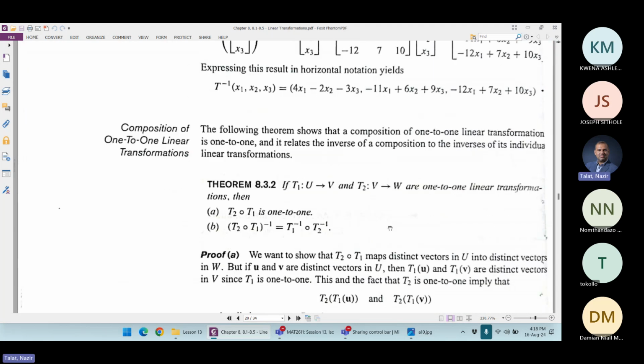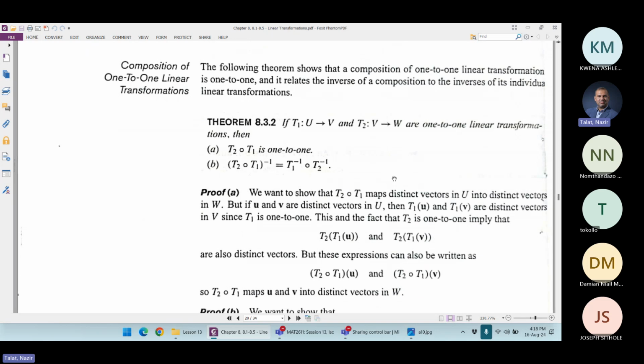Moreover, if both T1 and T2 are 1-1 linear transformations, then T2 ∘ T1 is also 1-1, and (T2 ∘ T1) inverse is the same as T1 inverse ∘ T2 inverse. So it means that if we have a composition, we can also obtain the relation for its inverse in the opposite order.